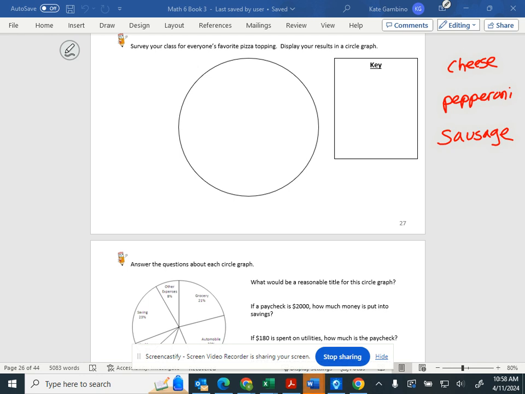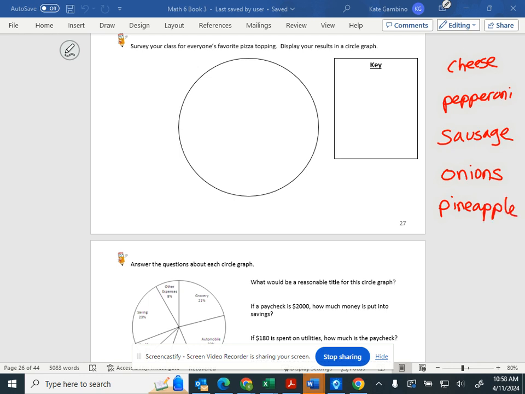We're just gonna keep pepperoni and sausage. Melanie. Onions. Callie. All right.